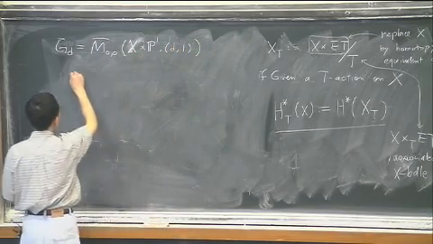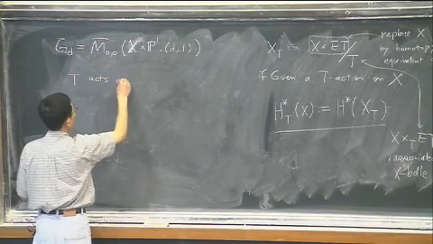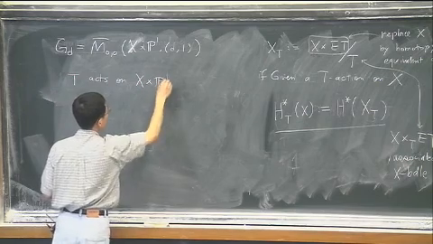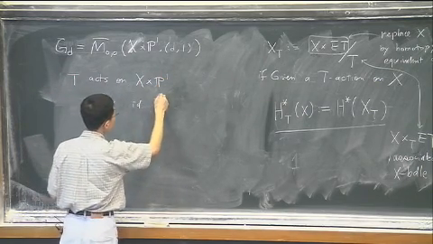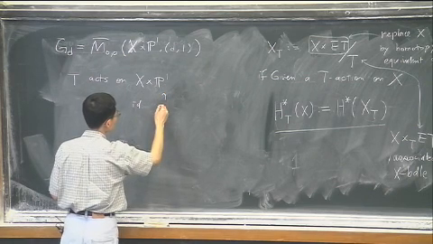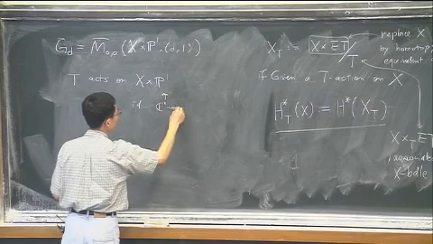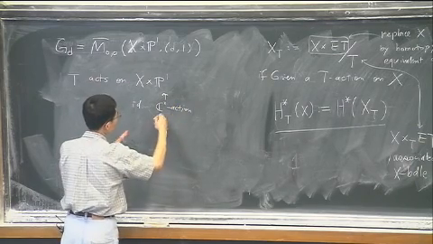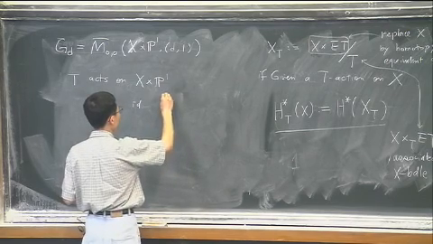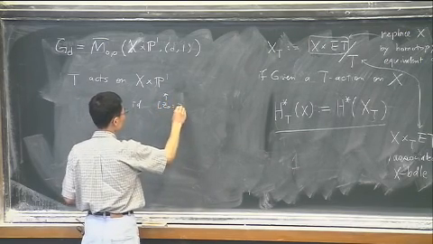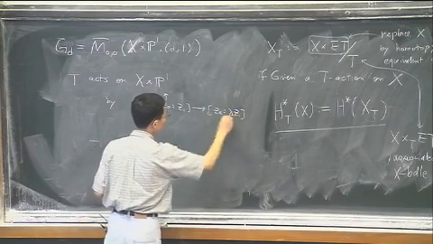So next, we want to do localization on this G_D. Let me write it again. G_D is the same as M bar 0,0, no marked points, of (PR, P1). In fact, let me write X instead of PR. Now I'm going to use T, my C star, acting on X cross P1 by identity on X. Then you have a C star action on P1. The natural C star action, take whatever way you like, maybe you can think of it as [Z0, Z1] acted on by [Z0, lambda Z1], for example.